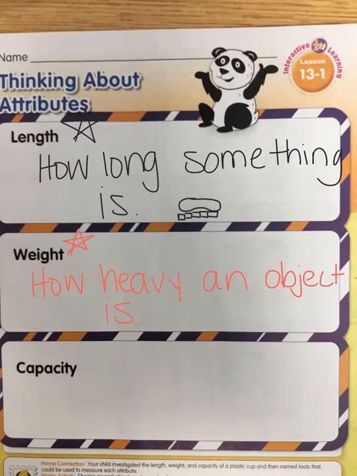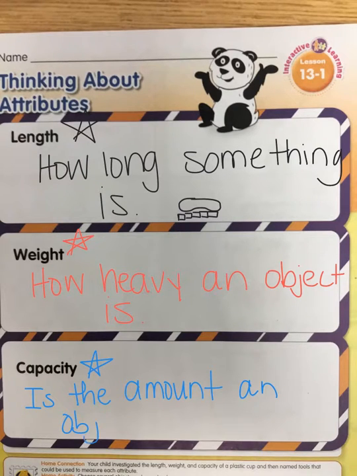So capacity is the amount an object can hold. All right, so we're going to go to the inside and we're going to see which attributes an object you could measure.